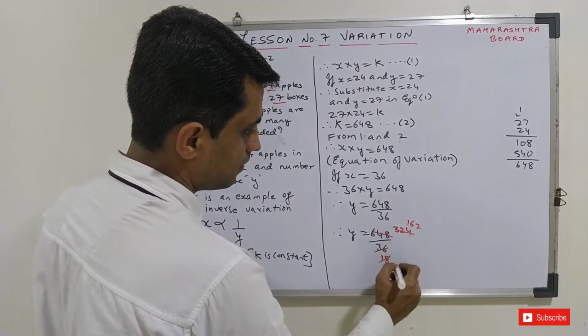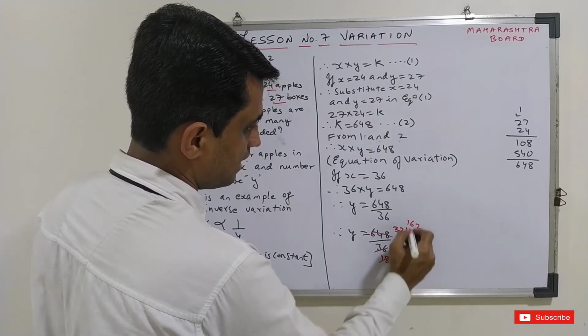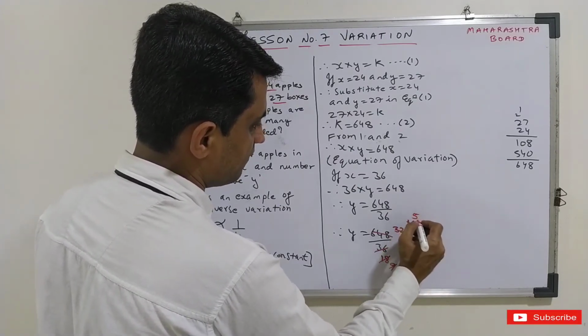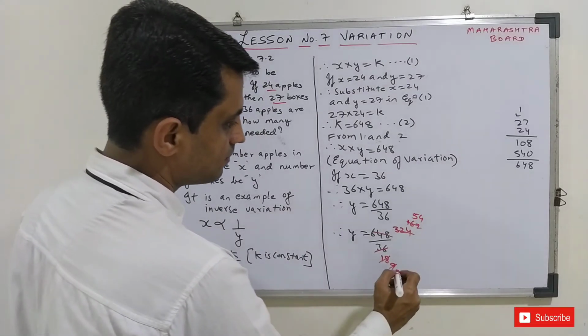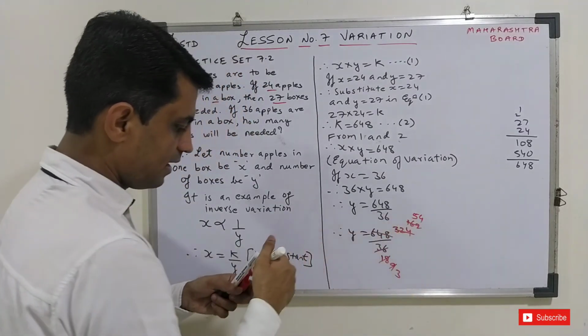Then 3 threes are 9. 3 fives are 15. 3 fours are 12. Again, I am writing here.